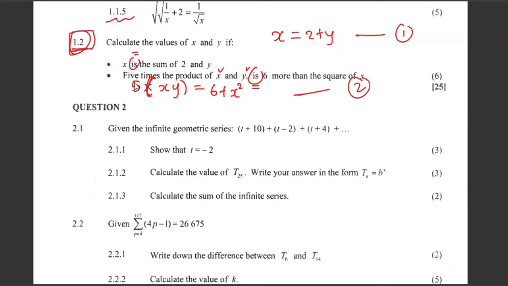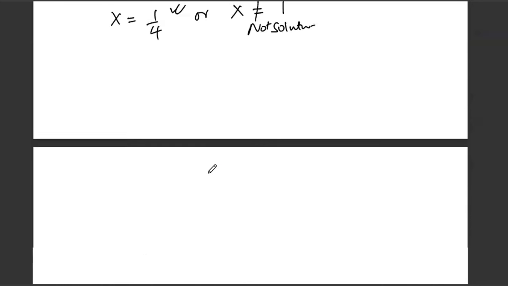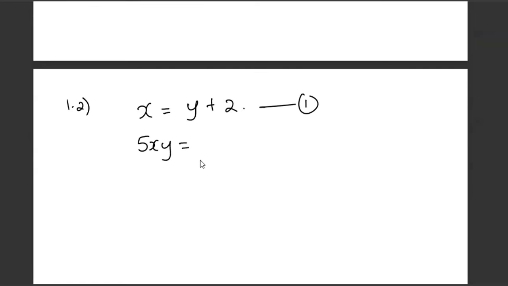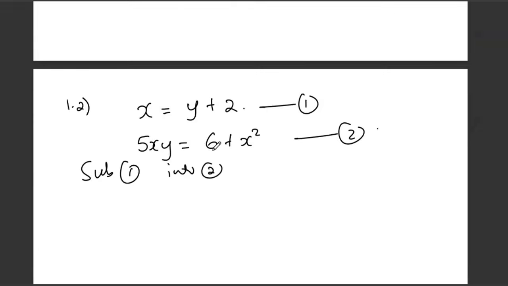All right, so let me write it on a proper bigger page and say that if our x is y plus 2, equation 1, and then 5xy is 6 plus x squared, that is equation number 2. So let's substitute equation 1 into equation number 2.